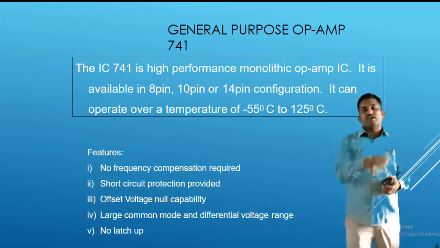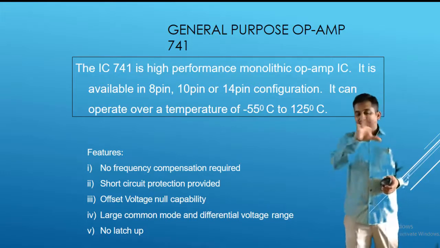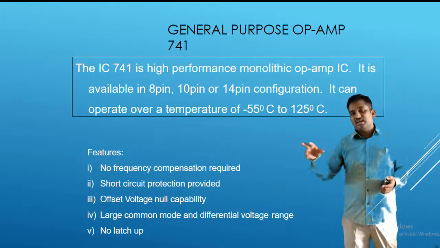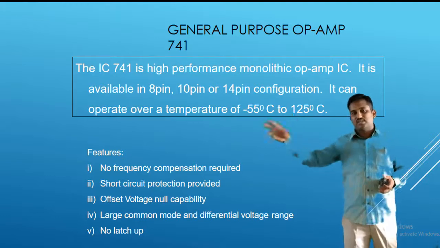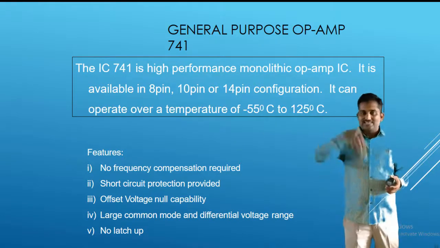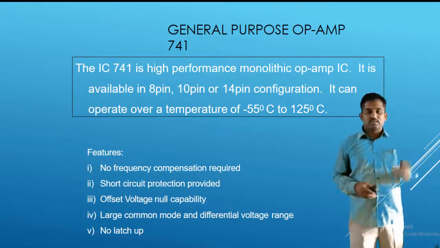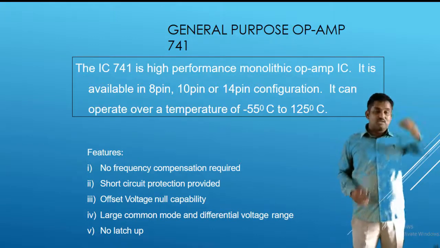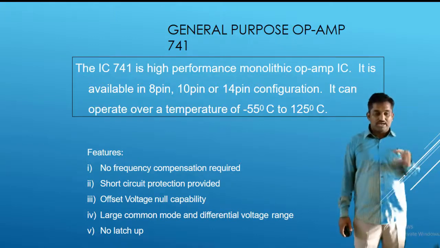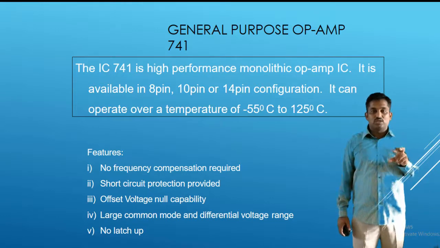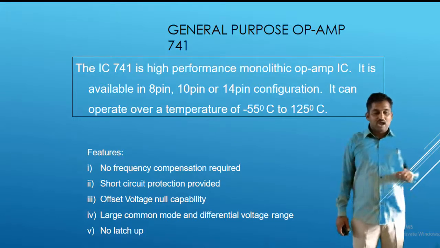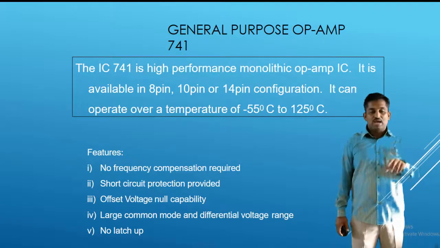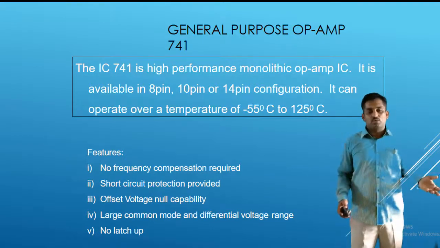The features of the IC741 op-amp are: it doesn't require any external compensation technique, it has internal compensation. Short circuit protection is provided, offset voltage null capability, large common mode and differential mode range, and no latch up in this IC741 op-amp.